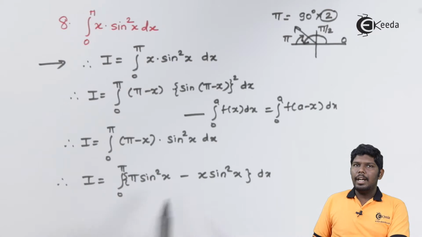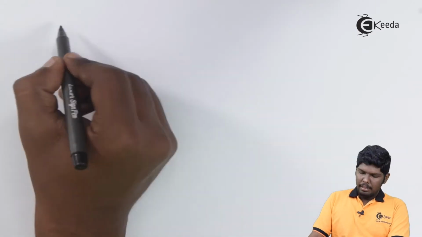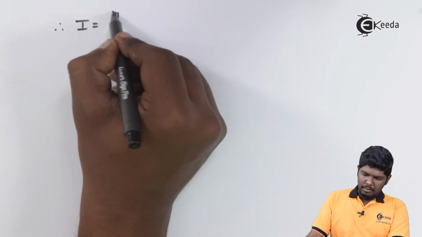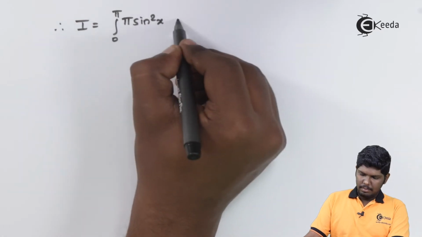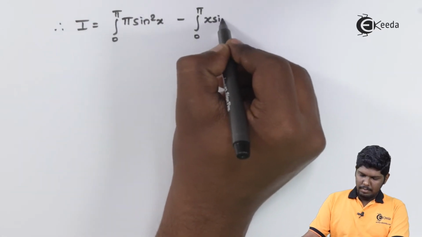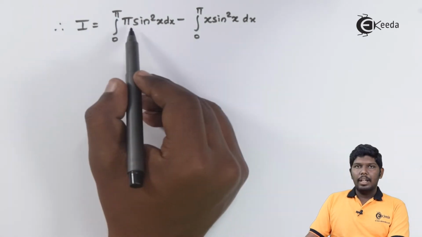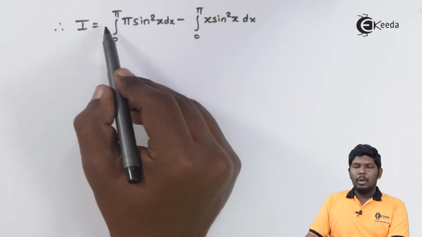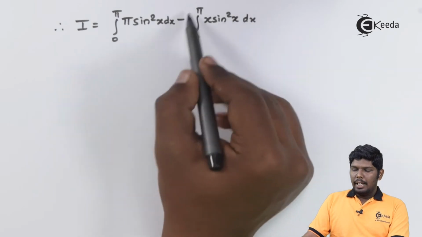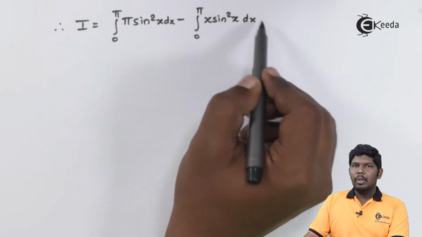Now we can separate the integral to both the terms. Here from the first integral we can take the pi constant outside the integral, and in the second integral you can see this is our original sum I.